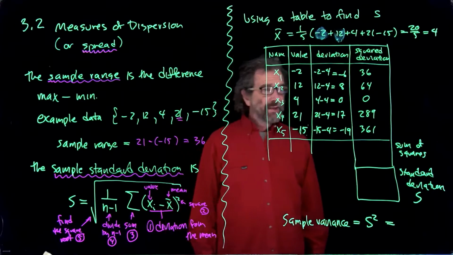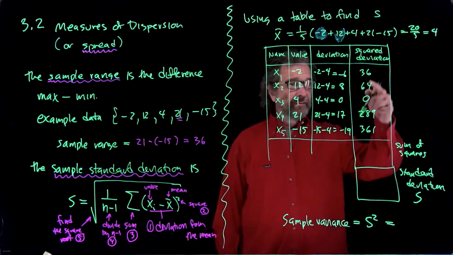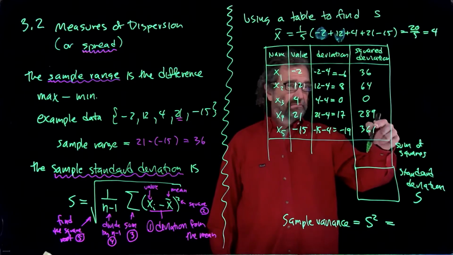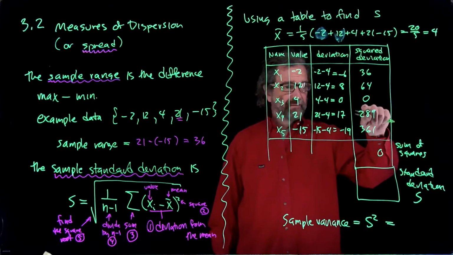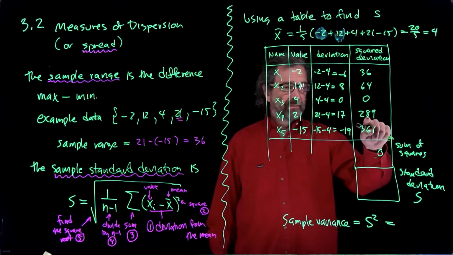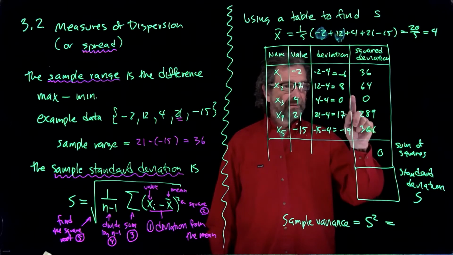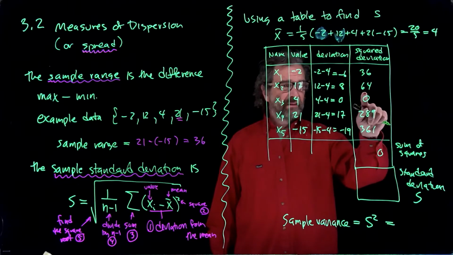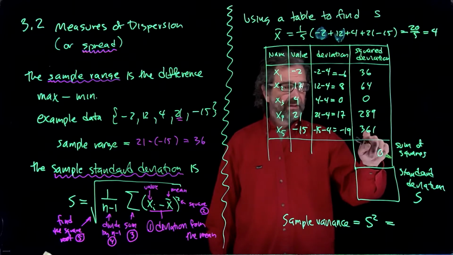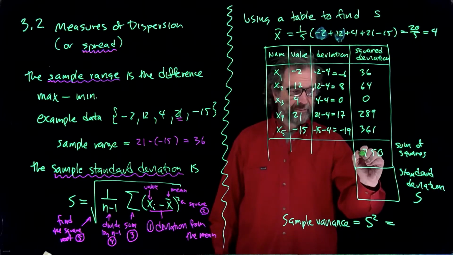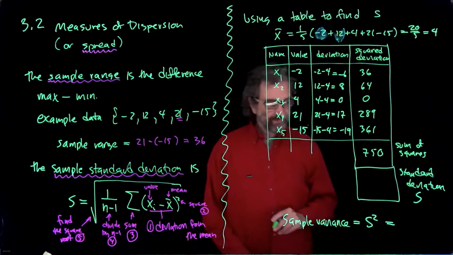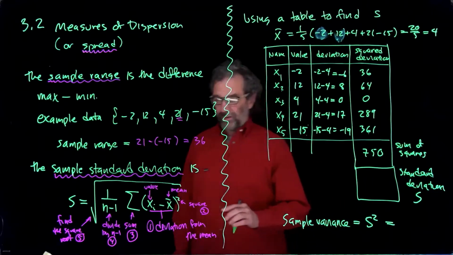And then we sum those up. 36 plus 64 is 100, plus 0, plus 289 is 389, plus 361 is 750. It is 750. So what have we done so far?